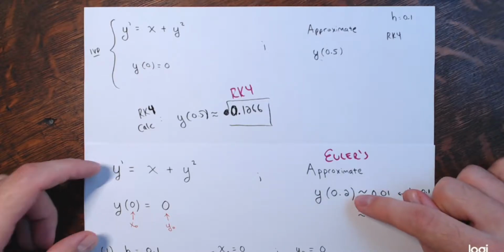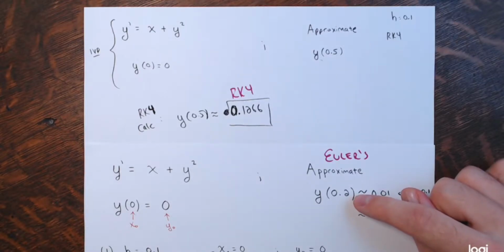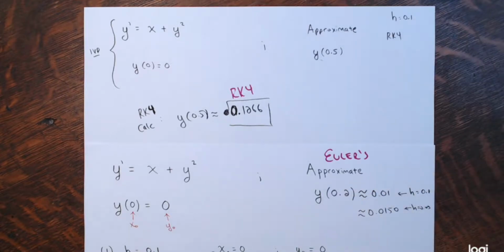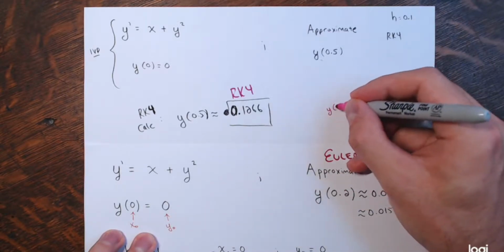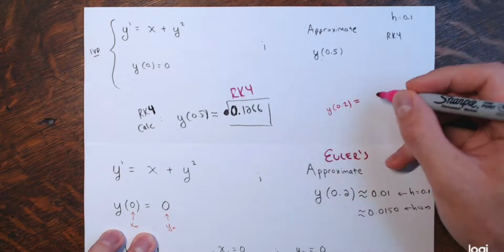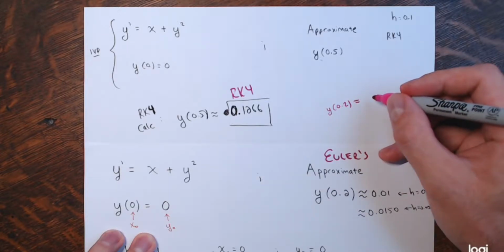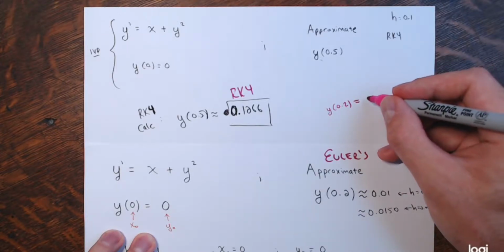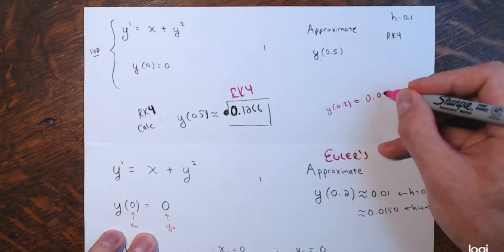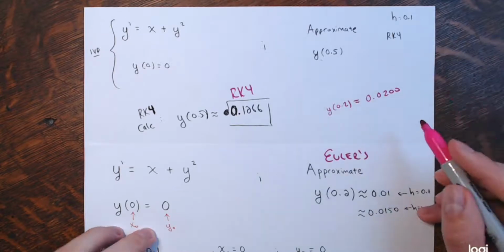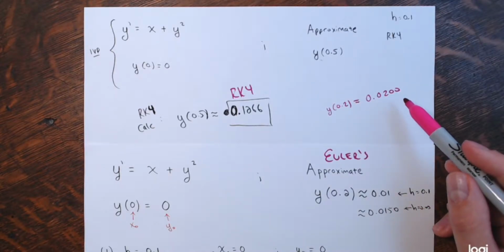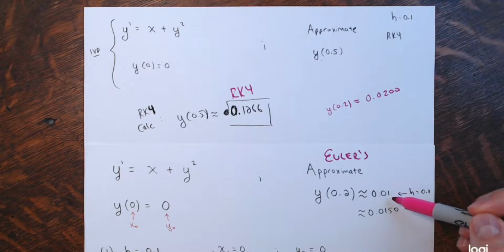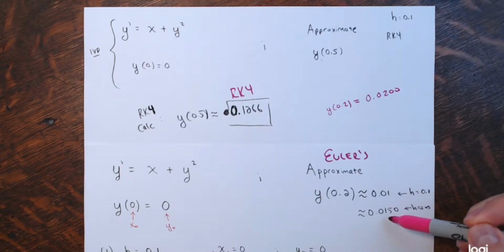Well, actually, that was for y at 0.2. From Rk4, y at 0.2, looking at my table here from the website, is approximately 0.0200. Whereas y at 0.2 here is only 0.015.